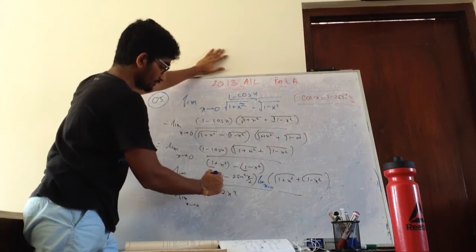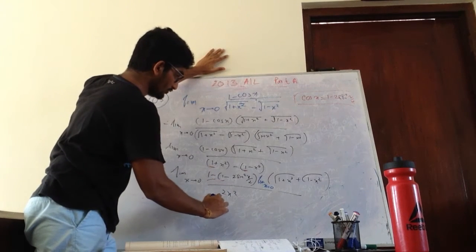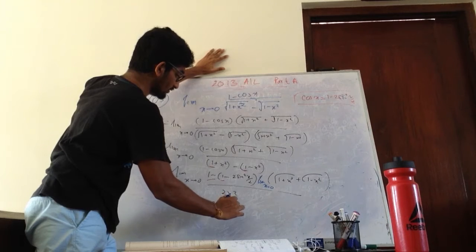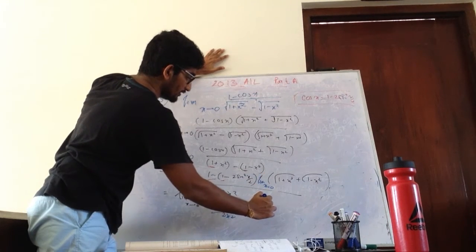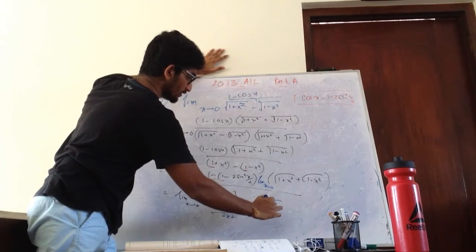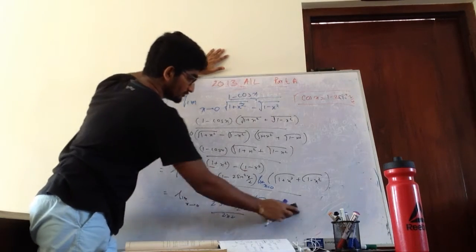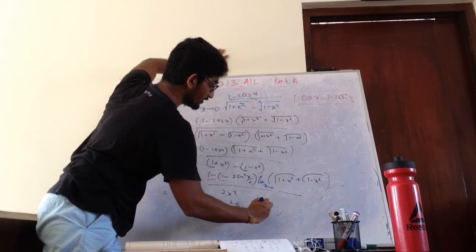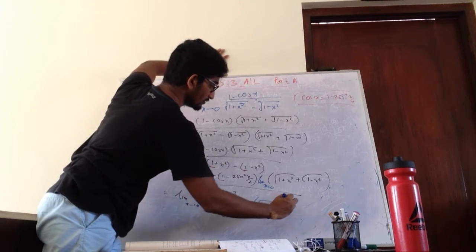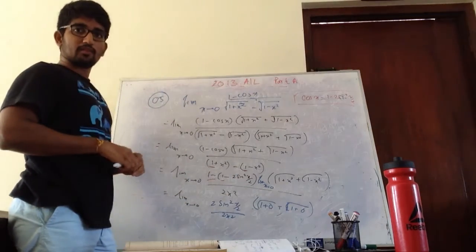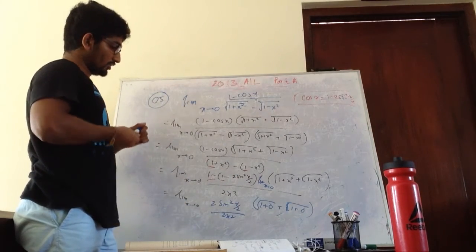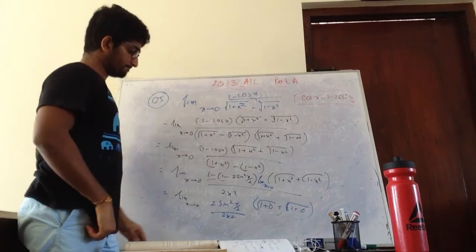Now this becomes 2 sine squared x over 2 over 2x squared, and this becomes 1 plus 1. Right? So more elaborately if I write 1 plus 0 plus 1. Correct? No? So here, so write this down.